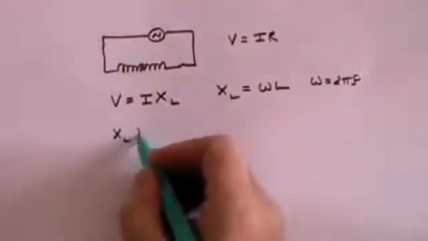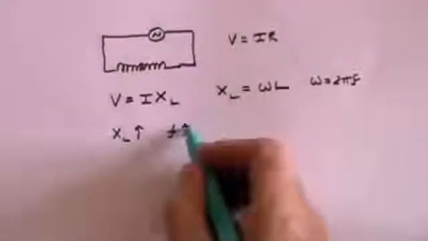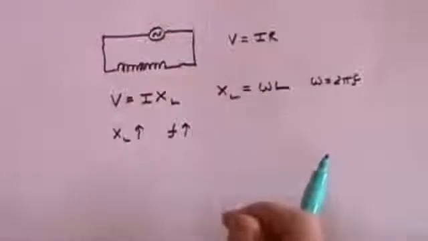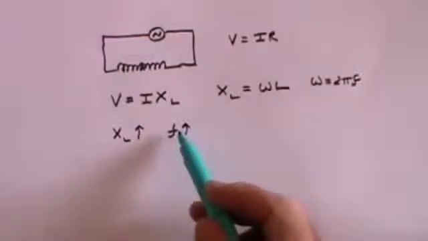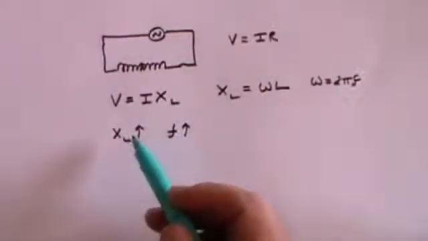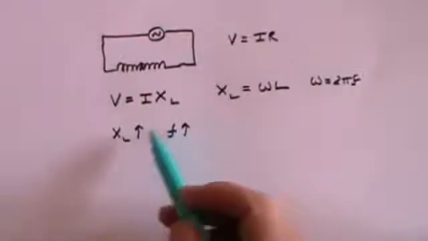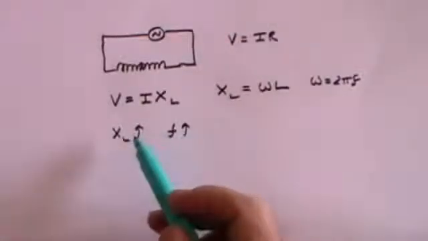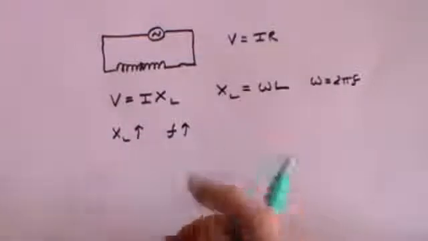So XL will increase as the frequency increases. With the capacitor, remember, it was the other way round. As the frequency increased, the reactance decreased. But here with the inductance, if the frequency increases, so does the reactance.